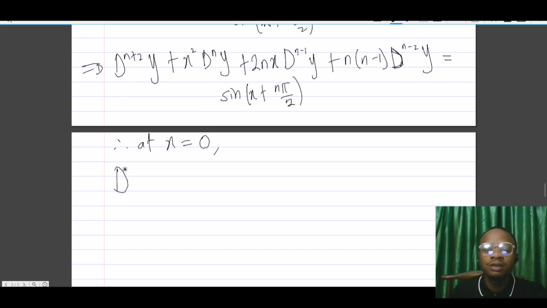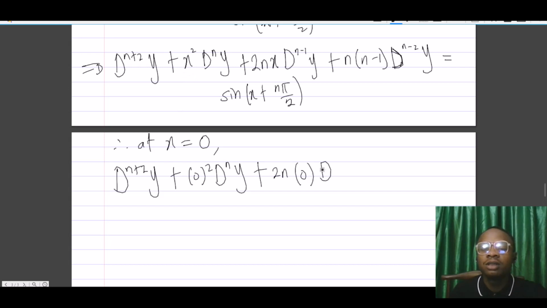Substitute x equal to 0 here. This doesn't have x, so this is just going to be the n plus 2 y. Whatever this is at x equal to 0, we don't know, so we just leave it like that. Plus this one is x squared, so this will be 0 squared the n y, plus 2nx, that will be 0, the n minus 1 y, plus n into n minus 1, into this doesn't carry x, so this is the n minus 2 y equals sine of 0 plus n pi over 2.